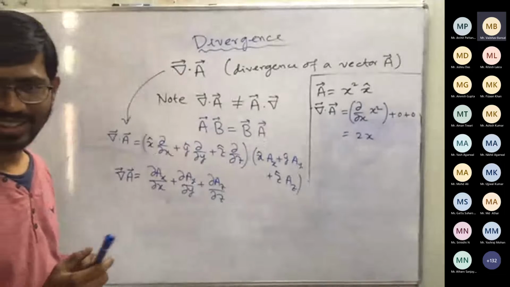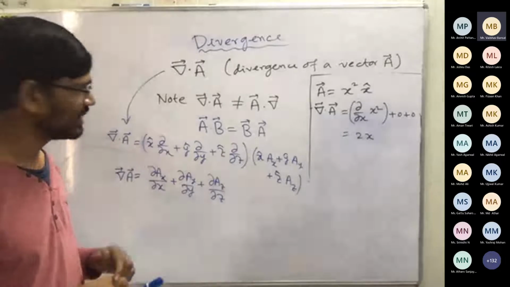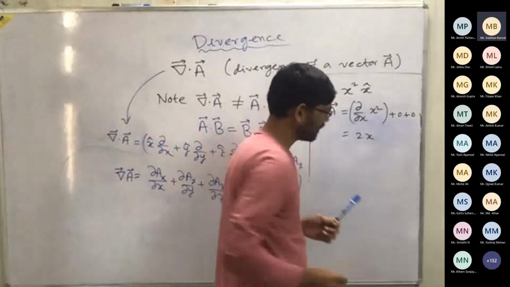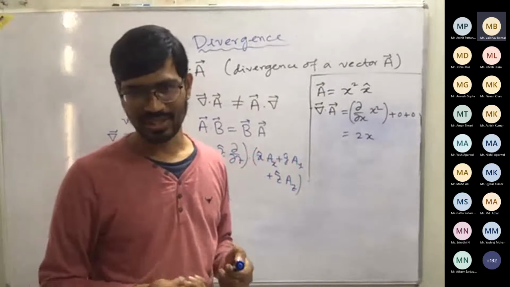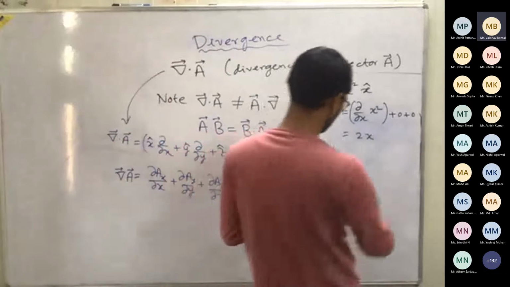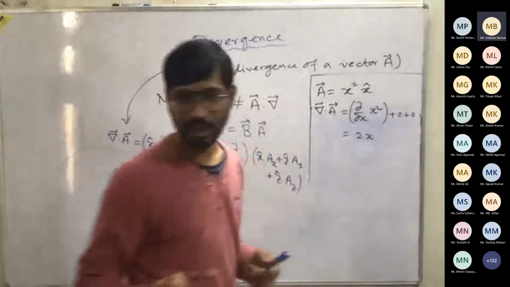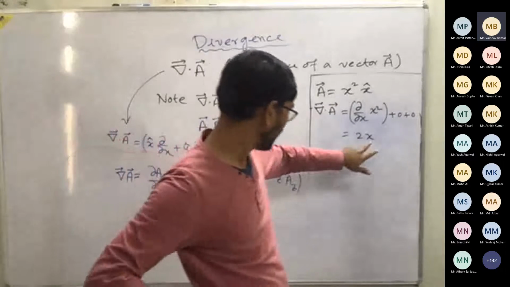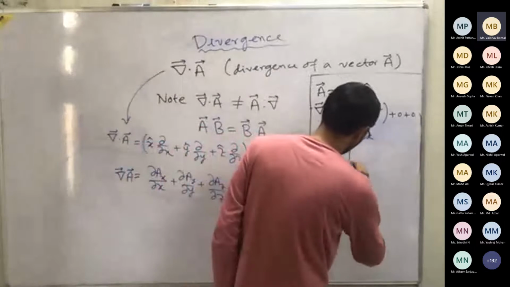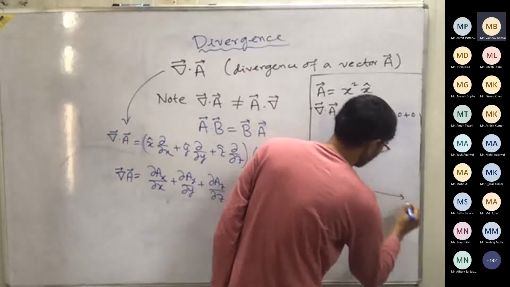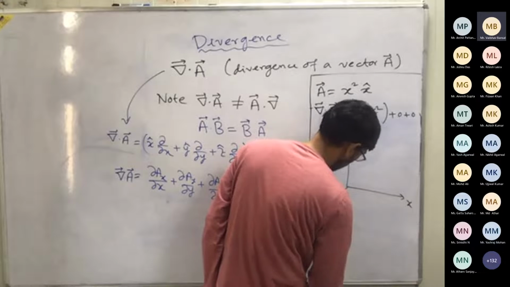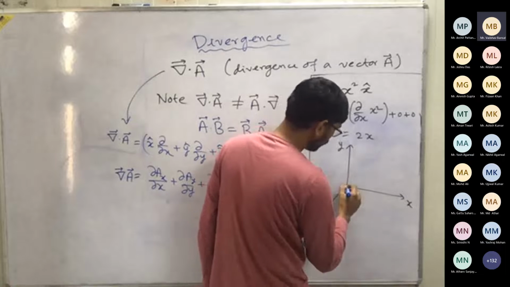Now you got a scalar quantity. Earlier we got a vector quantity. Now you can make a plot of this quantity. Of course it all depends on the value of x. If you consider the positive x side, this is x, this is y, this is z. When x is equal to 0, you have 0.